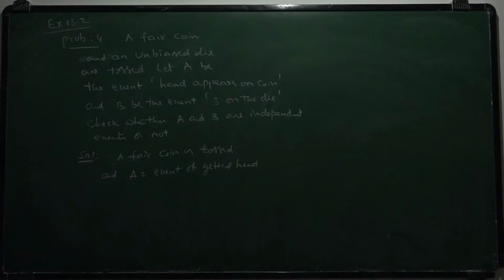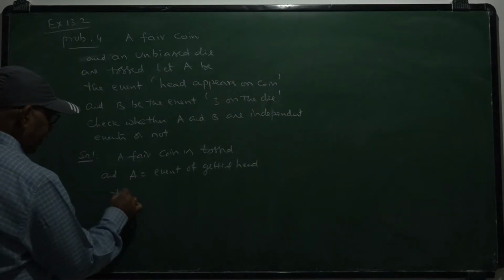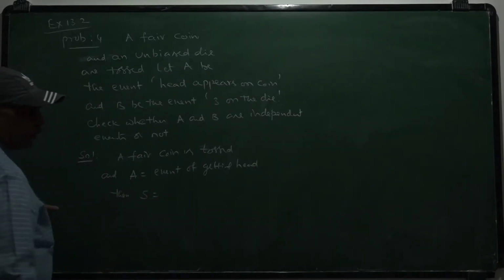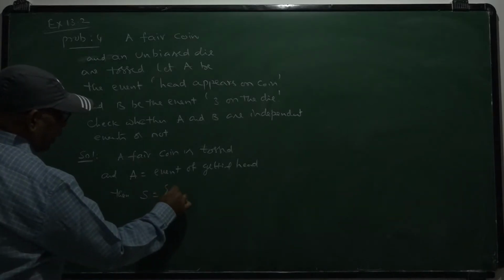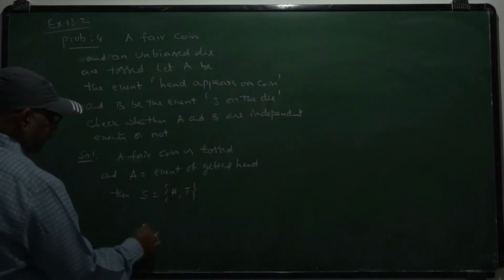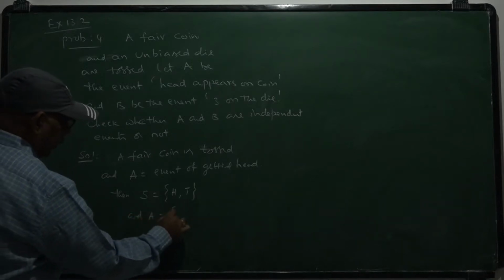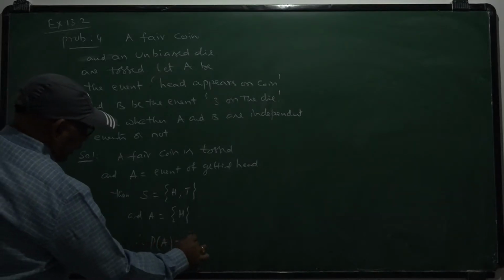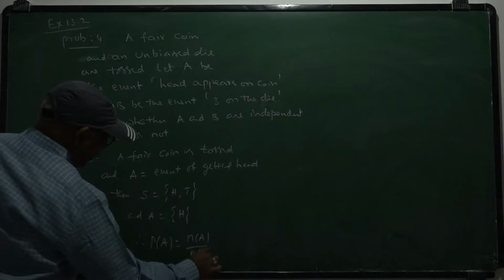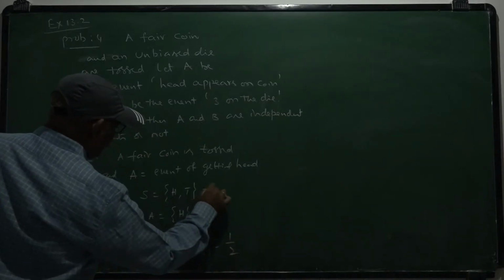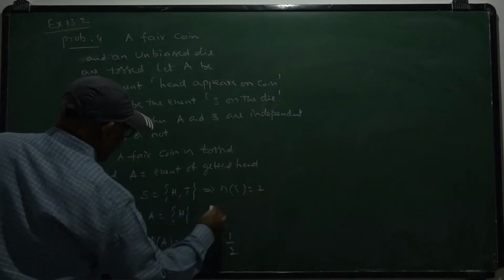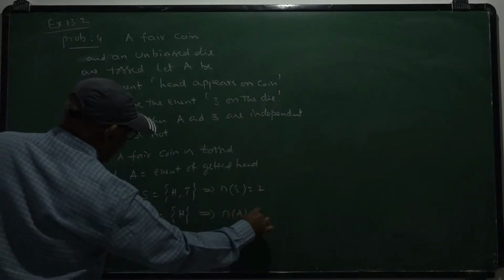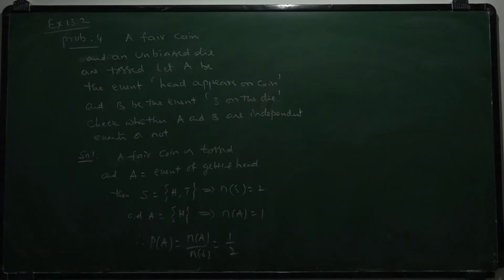The sample space is getting head or getting tail, and A is getting head. Therefore P of A is n of A by n of S, that is 1 by 2, since n of S is 2 and n of A is 1. Hence the probability of getting head once a fair coin is tossed is 1 by 2.